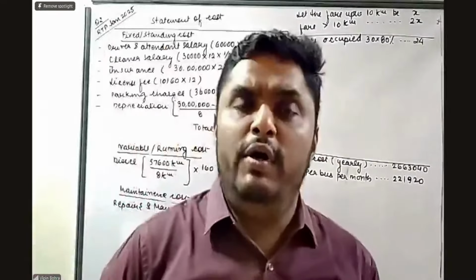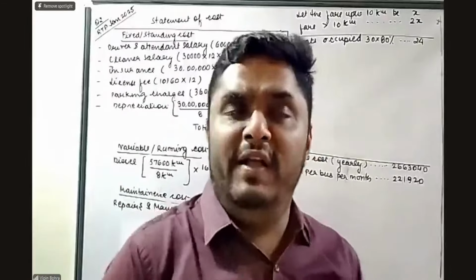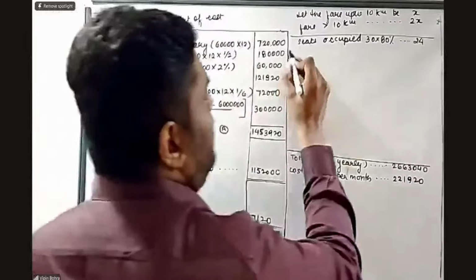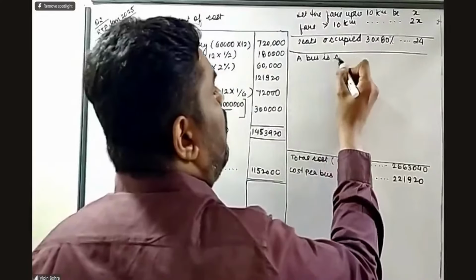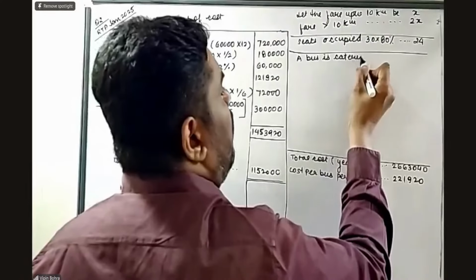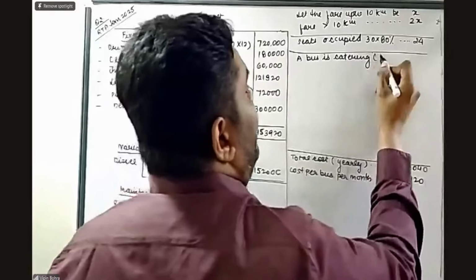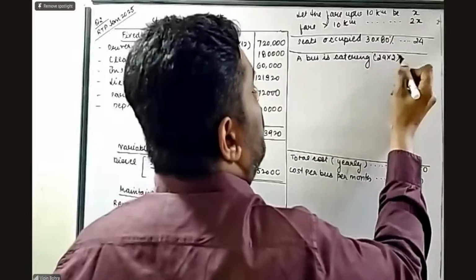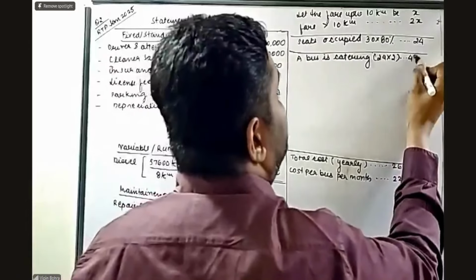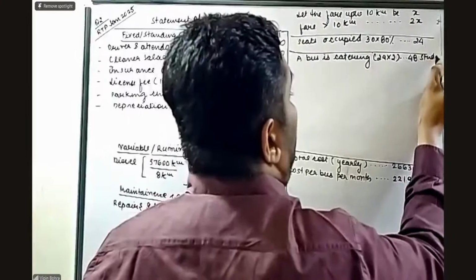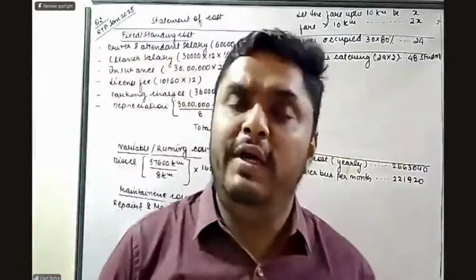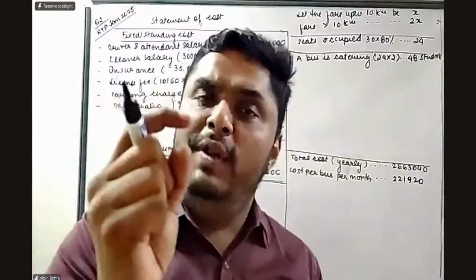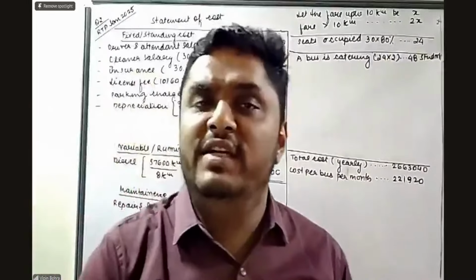Now see, very important guys, the seats occupied are 24. So very important guys, a bus is catering 24 into 2, that is 48 students. A bus is catering total 48 students, 24 in the morning shift, 24 in the evening shift.